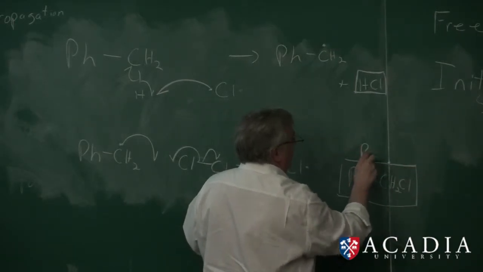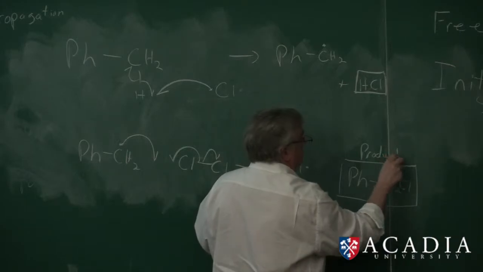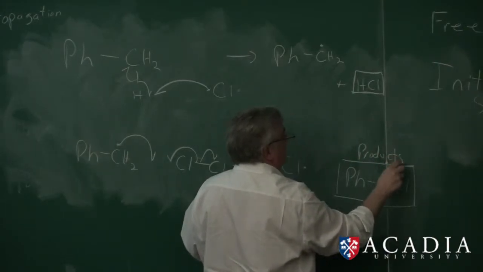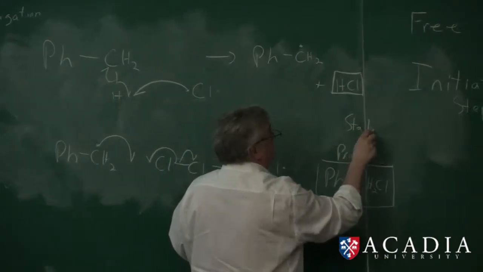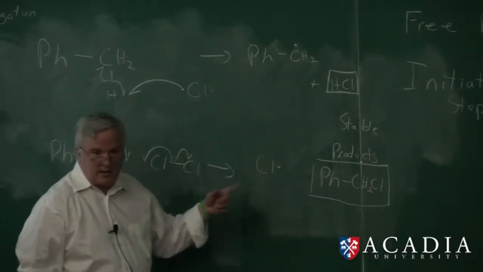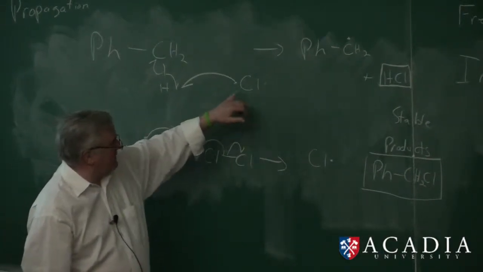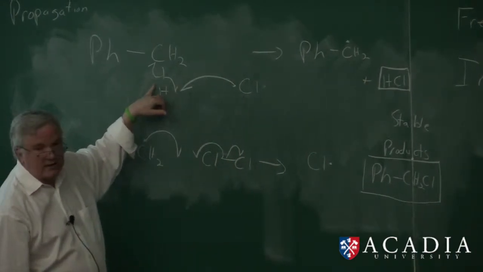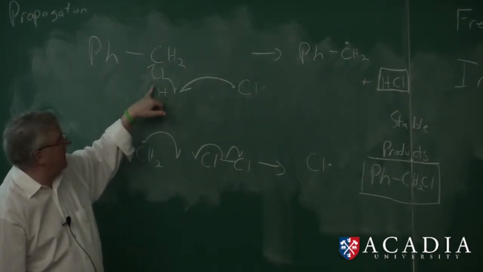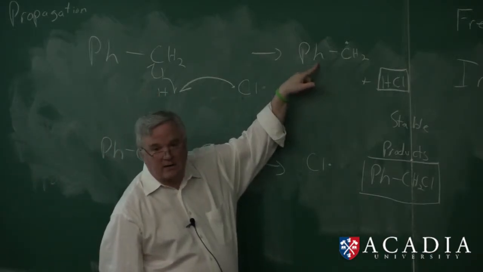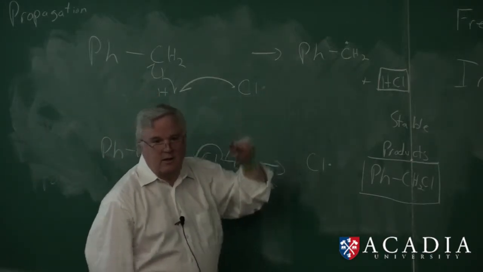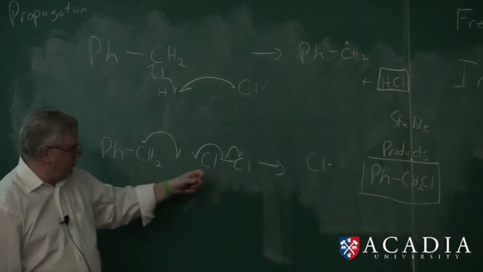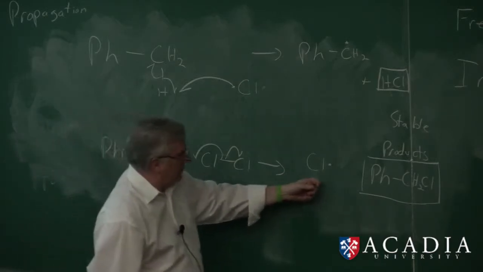So these are stable products. So notice what happens is this is a chlorine radical, and it abstracts a hydrogen atom to form the phenyl radical, I'm sorry, the benzyl radical. The benzyl radical goes on to react with chlorine and produce this thing.